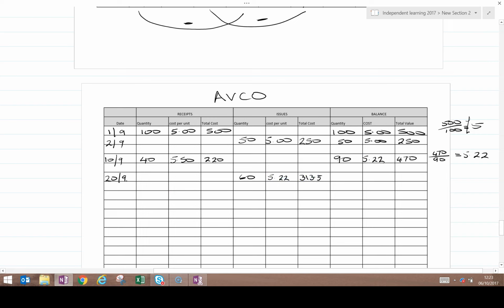What we've got left, 90 minus 60, 30, 470 minus 313.33, 156.67, and the average cost is still 5.22.